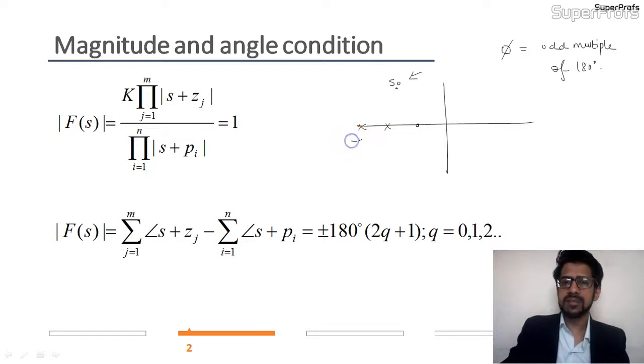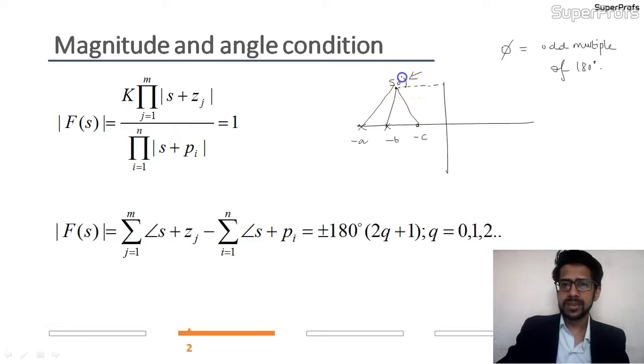So we have, say, minus a, minus b and minus c. Let us join the lines, so this is another line and this is another line. We'll draw the horizontal and calculate the angle in the anti-clockwise direction.